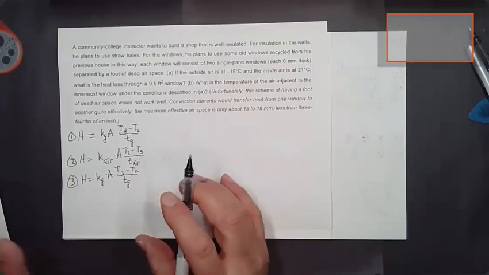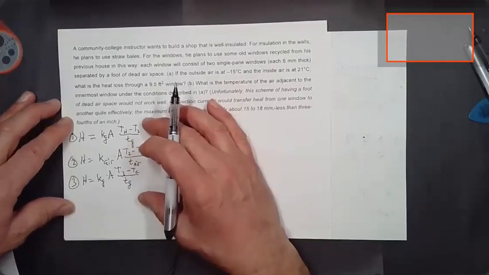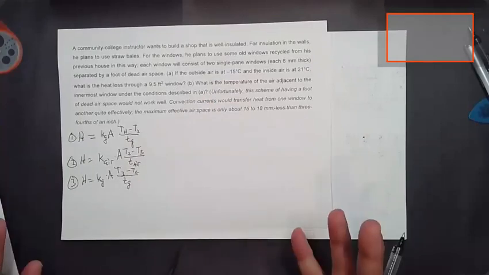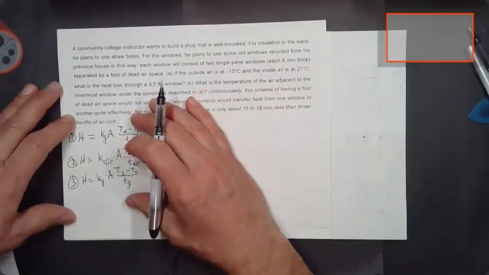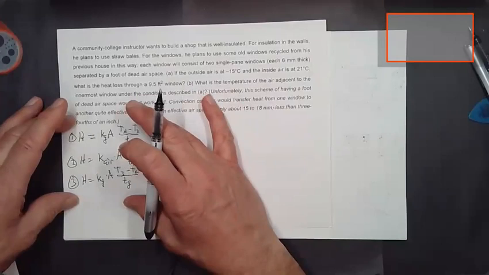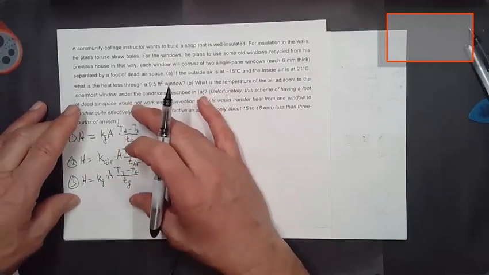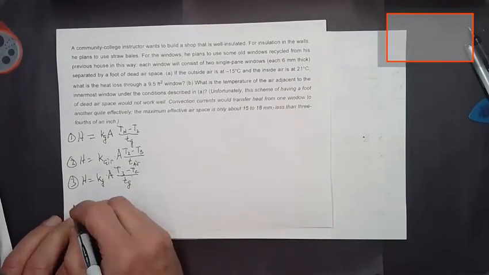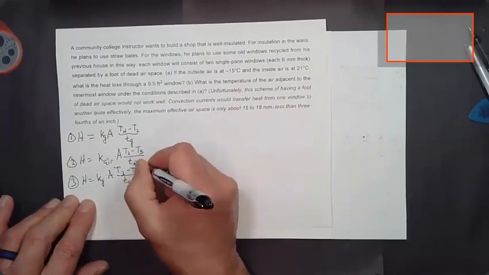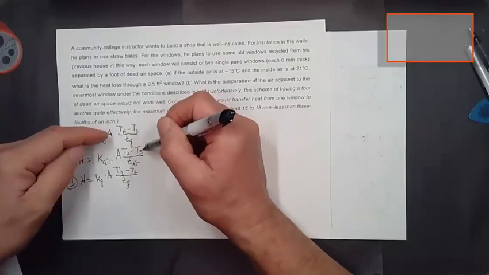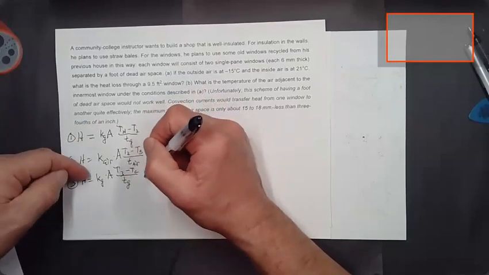Okay, and I'm doing this exactly like I set the problems up yesterday, because if you were given a problem like this on the test, you're not going to have the intermediate equations that we develop from this. You're going to have to develop those yourself. So keep that in mind. All right. Well, what I did yesterday was to solve for the temperature differences in each one of these three equations.